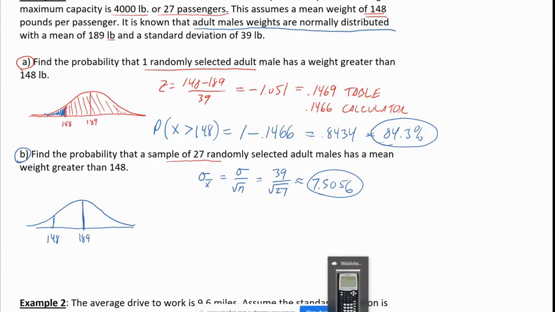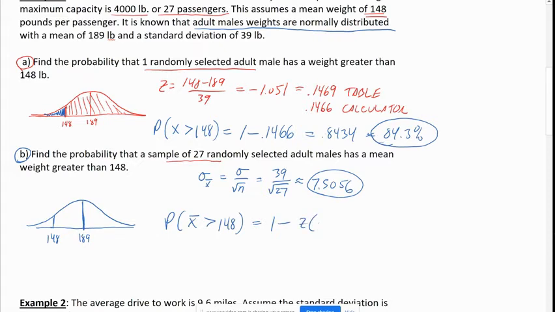So if we use the calculator to get our percentage, the probability that the mean of our sample is greater than 148 is going to be 1 minus the z-score for 148, 189, 7.5056.